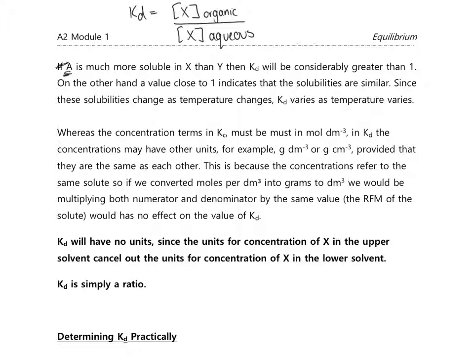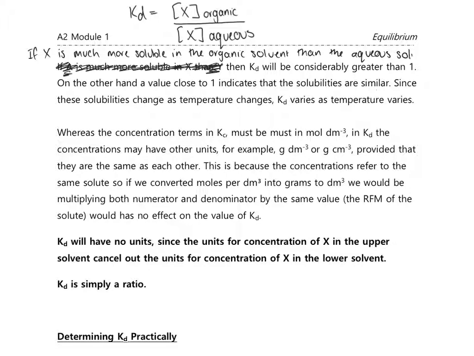So if you just take out this whole first part of the sentence and instead write, if X is much more soluble in the organic solvent than the aqueous solvent, then KD will be considerably greater than 1, just as we've discussed.